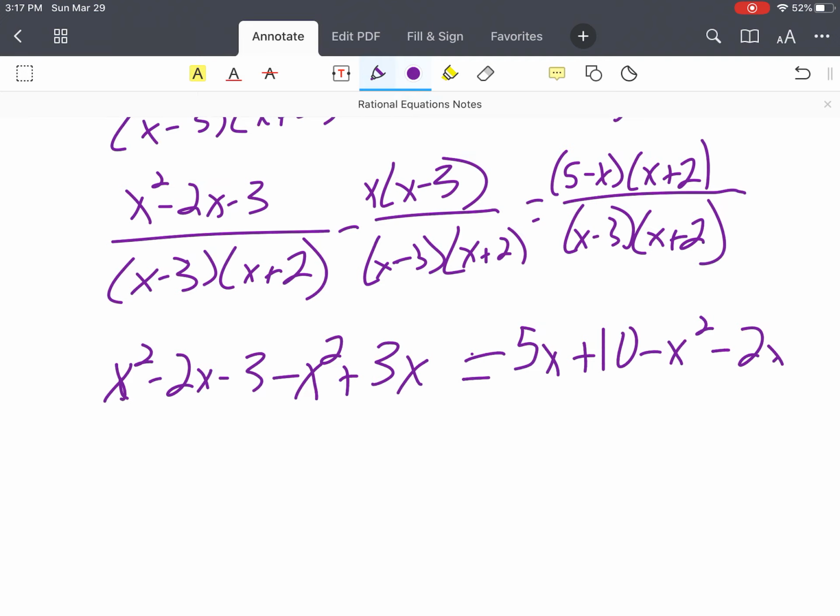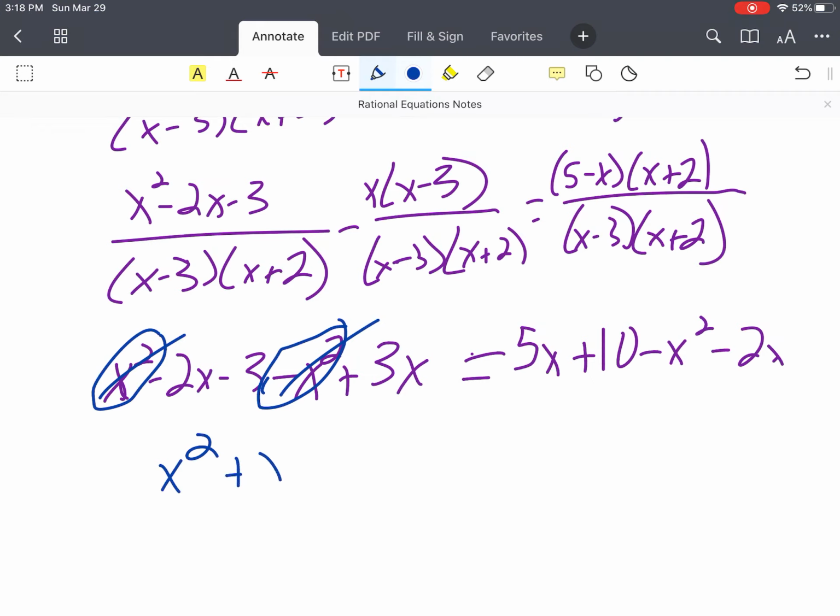So again, any time that you have a squared still in it, you're going to want to get everything to one side and factor. So first of all, looking at the x squared terms, those two are going to drop. And then if I add the other one to the other side, I just have x squared.